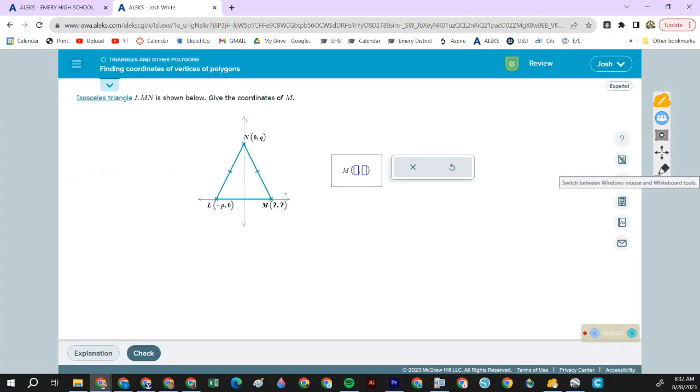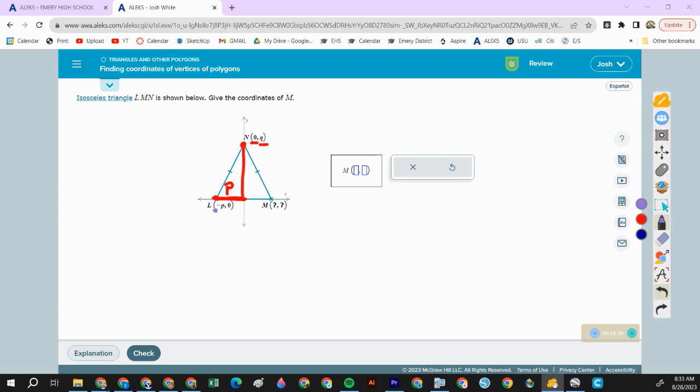Okay, this is a little bit tricky. Here we have an isosceles triangle. And we know at some points, we know that this point is negative p comma 0. So how big is this length right here? It's length p. Okay. And then this point right here is 0 comma q.